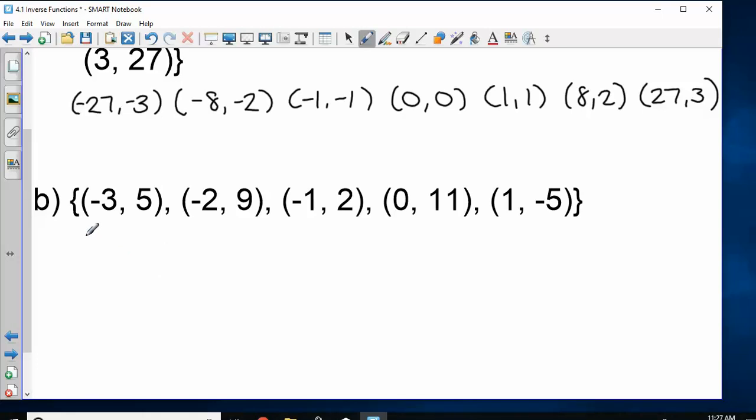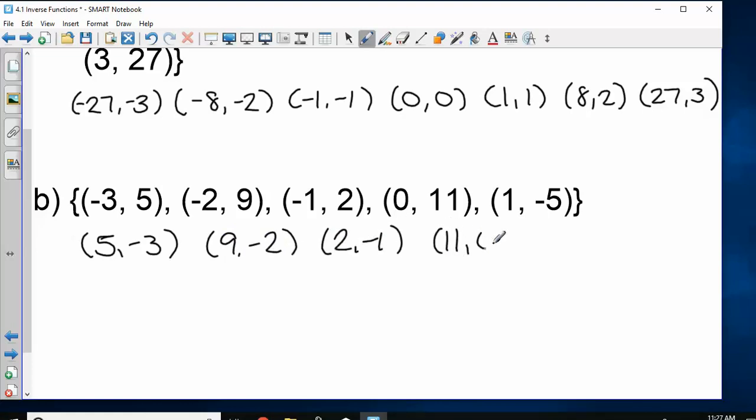So what's the inverse of this one? Okay. So easy enough? Good with that stuff?